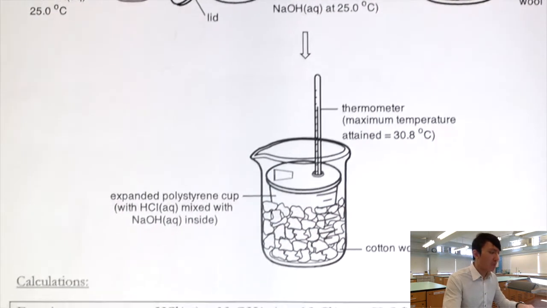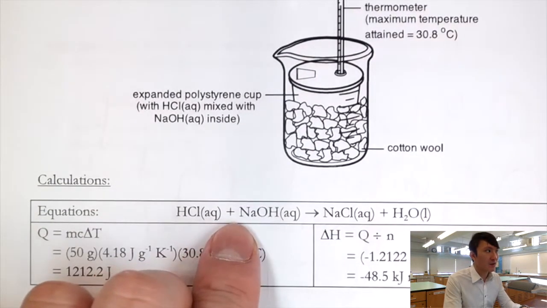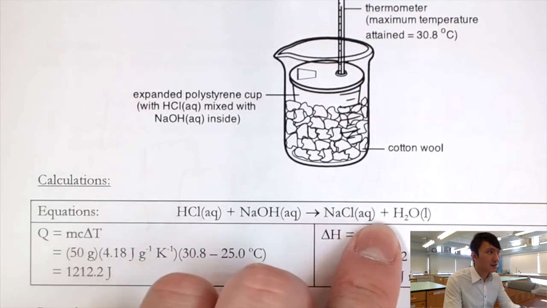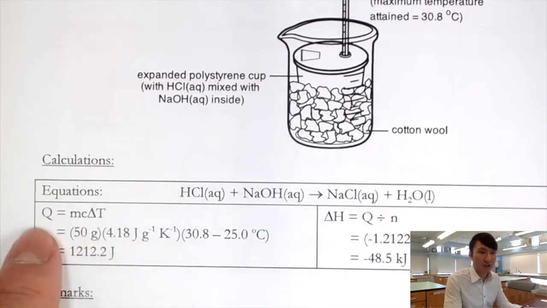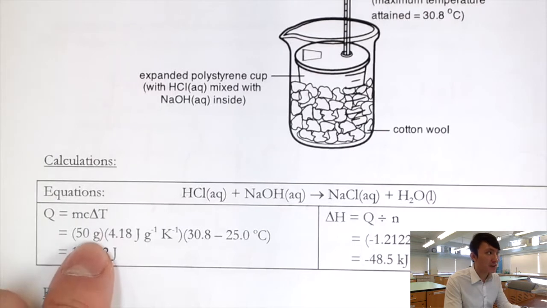Now, from this experiment, obviously we know that the reaction takes place like this, and then we first find out the heat change using Q equals mc delta T. Remember, the mass here should be the mass of the total solution, and we assume that it is pure water, so it is 50 grams for 50 cm cube of the mixture.